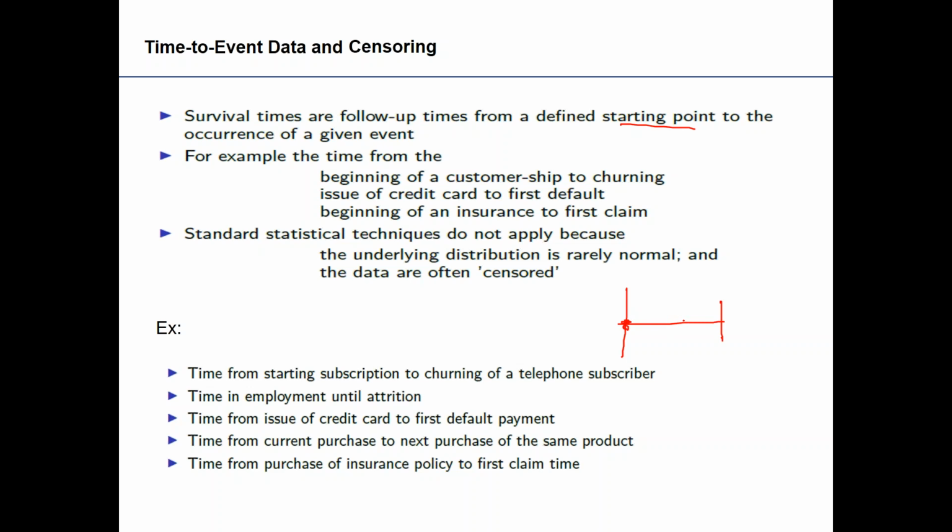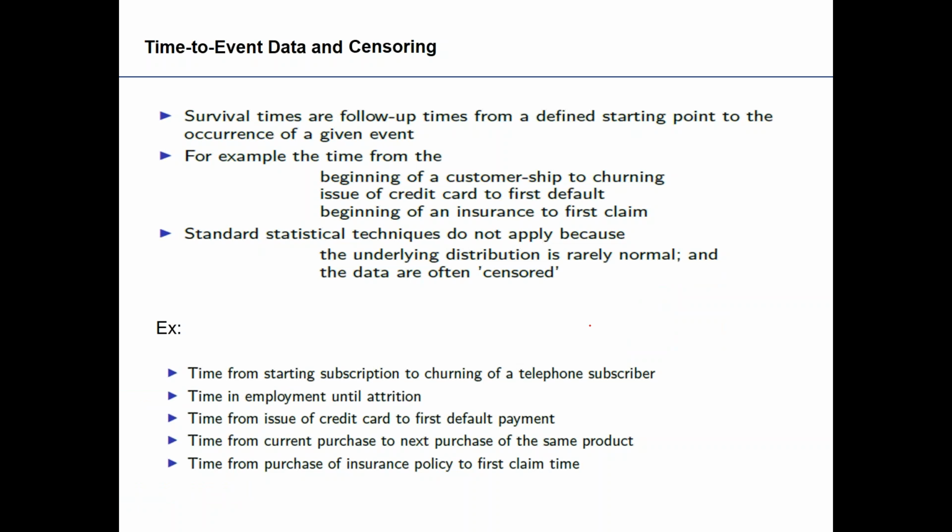From here to churn, maybe after 3 months, 0, 1, 2, 3, the customer has moved. So this time duration, the time to event, is 3 months. Similarly, issue of a credit card to first default.